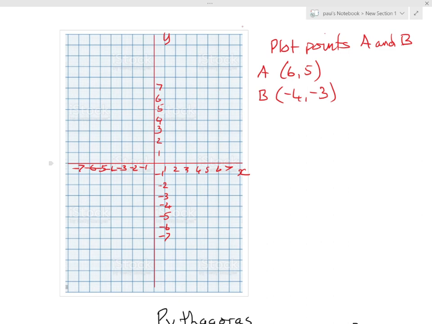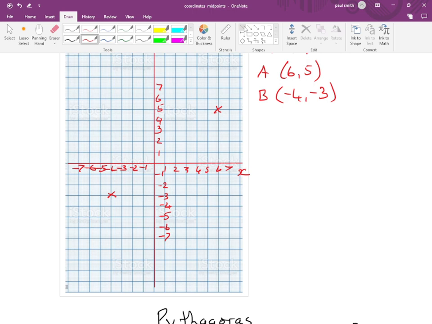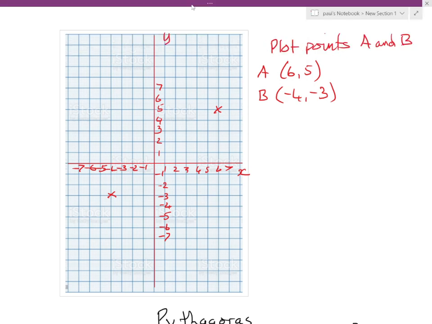Be careful you don't wander off the line. Minus 4, minus 3 is going to be there. Okay, let's join them up in black, because we don't know what the next part of the question is. So from there to there.